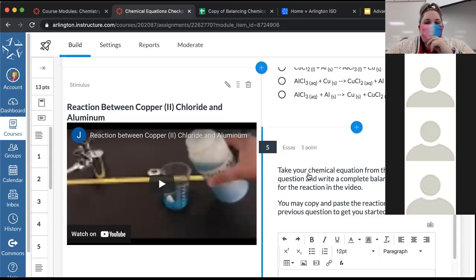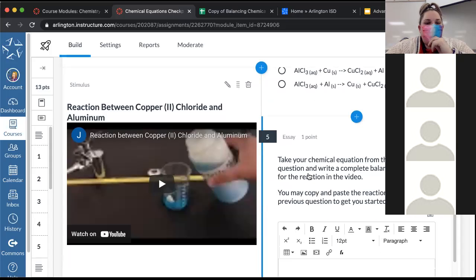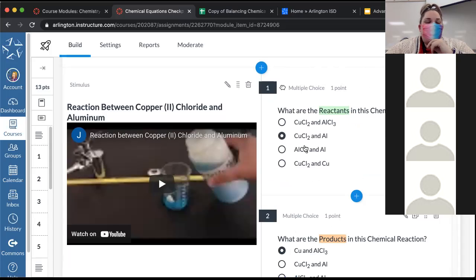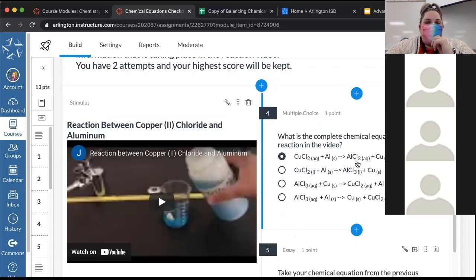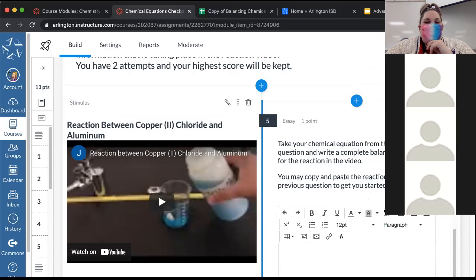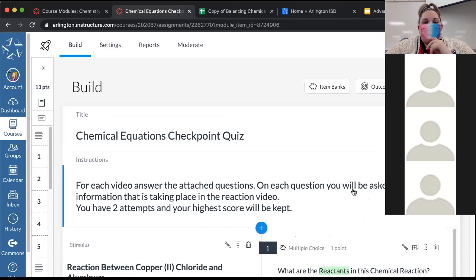So the first one has 5, the other ones have 4, okay? Or actually y'all's are probably going to be mixed up, but 2 of them have 4 questions, 1 of them has 5. And so it starts out with things like, what are the reactants and what are the products? And then here is like, what would the reaction equation be? And so that goes back to what we did Wednesday with writing the equations. And then the last one is going to ask you to type the balanced equation.